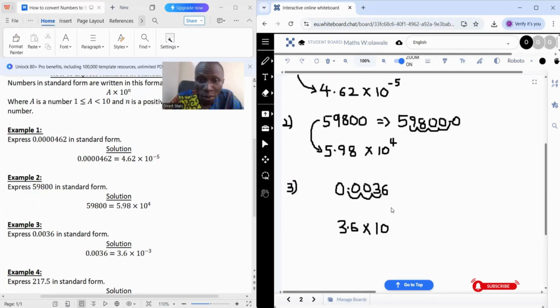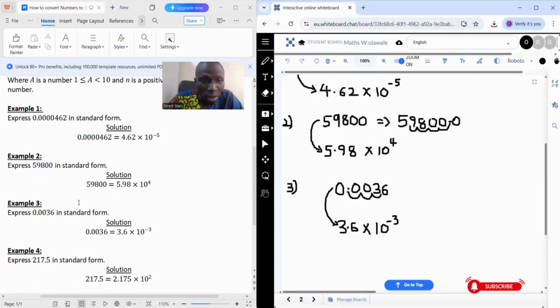We're going to compare the original number to the first number. The original number, which is 0.0036, is smaller than the first number. Since it's smaller, it's going to take the negative power, which is minus 3. So expressing 0.0036 in standard form, we're going to have 3.6 times 10 raised to power minus 3.